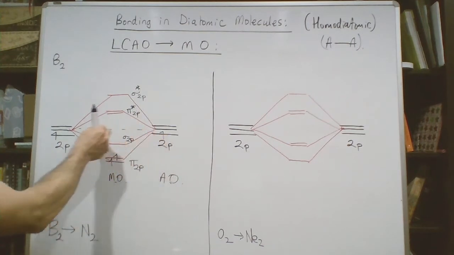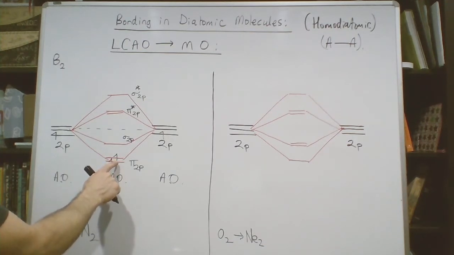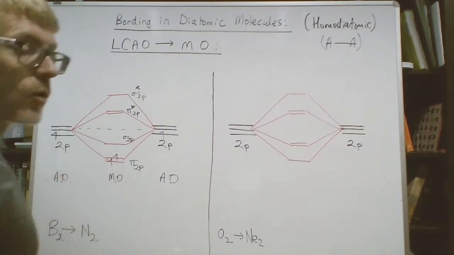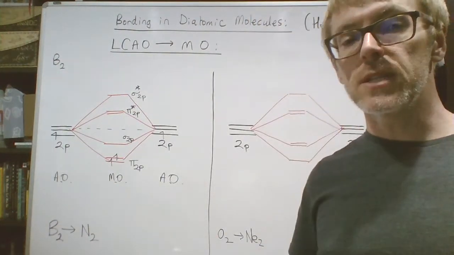We add the 2p electrons from each boron atom. They go into the bonding orbital because that's lower in energy and has to be occupied first. We can ignore the core electrons here, the 1s2 and the 2s2, because we know that they sum to 0.